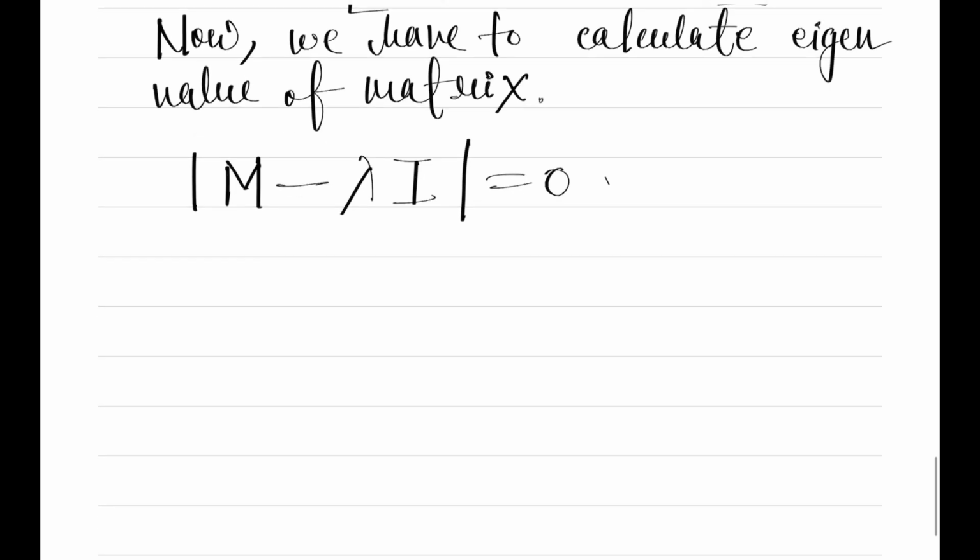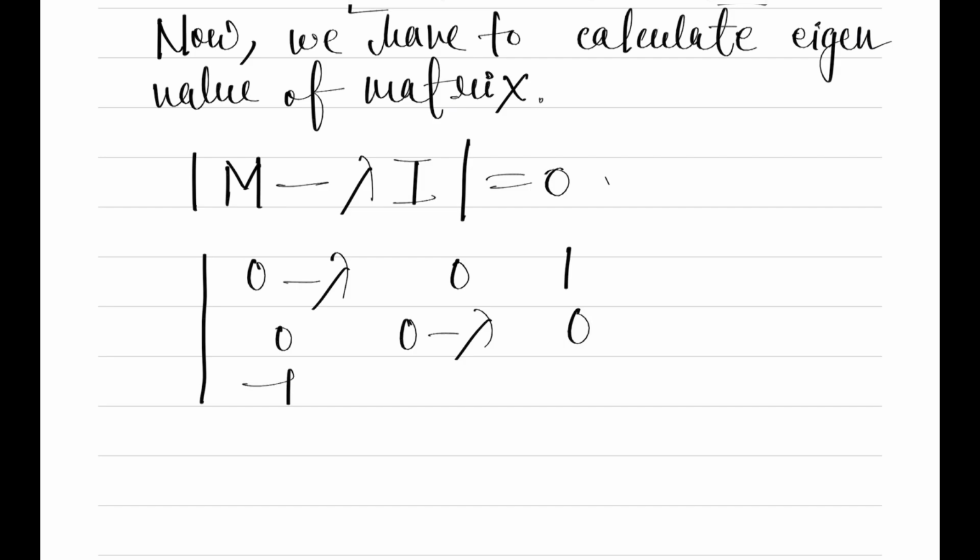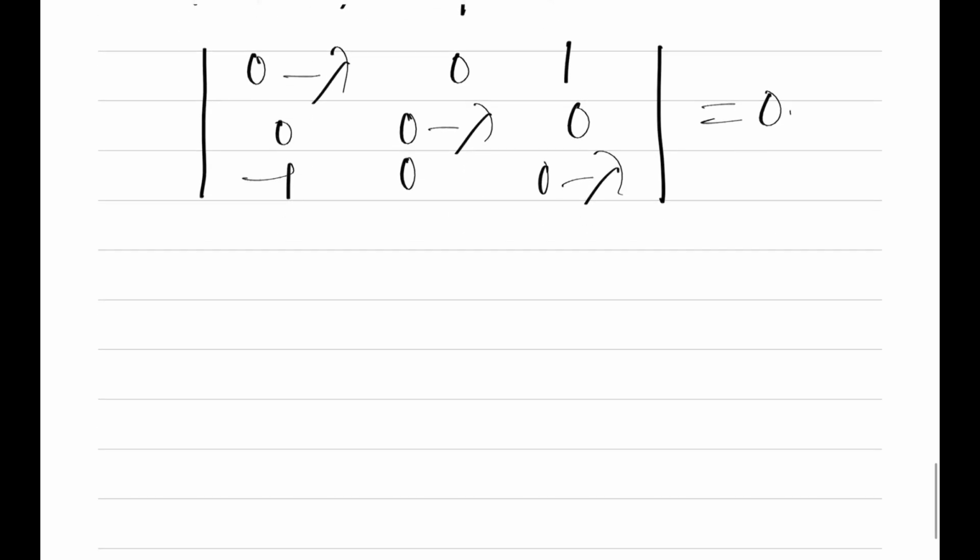This is our M matrix, which will be 0 minus lambda, 0, 1; 0, 0 minus lambda, 0; minus 1, 0, 0 minus lambda, which will be equal to 0.